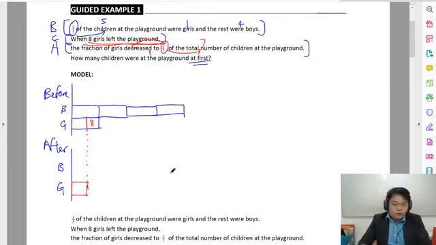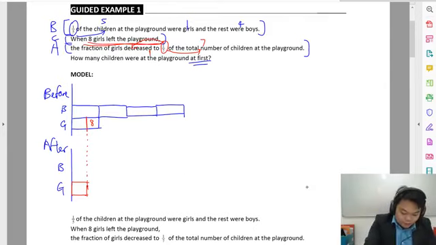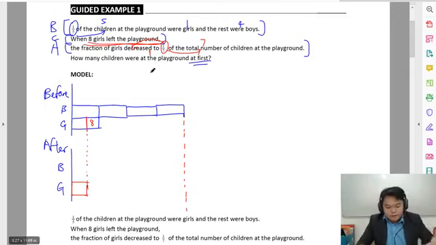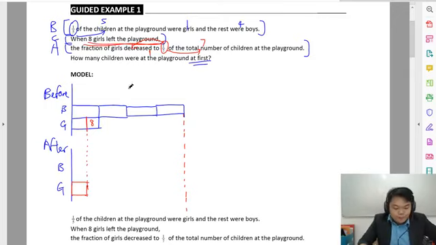Okay, and that is not the only information that you have. There is one more part on top of that. Because your boys did not change at all, there is no statement about the boys' numbers being altered. We have to draw these 6 blocks to be of the same length as the 4 blue blocks on top.